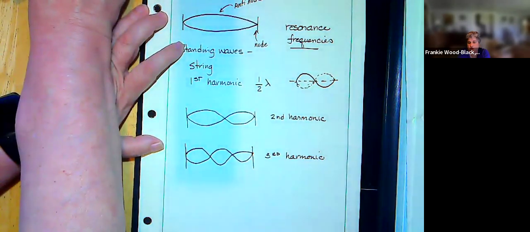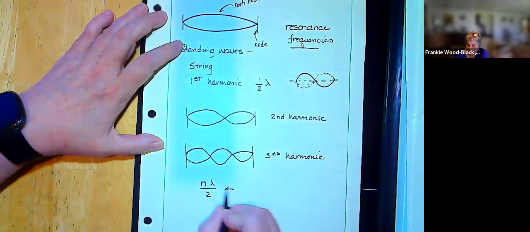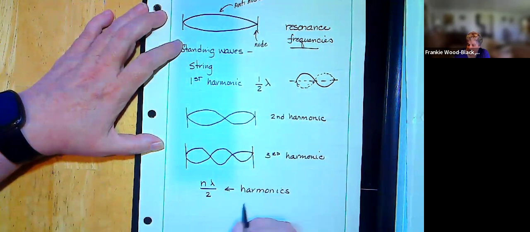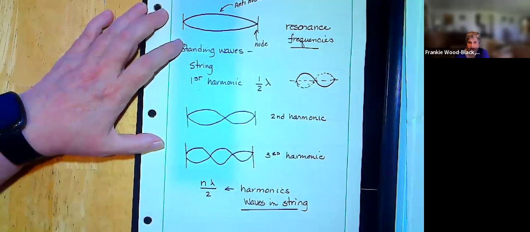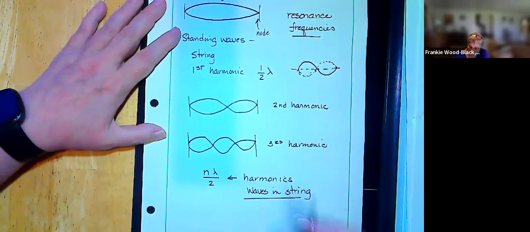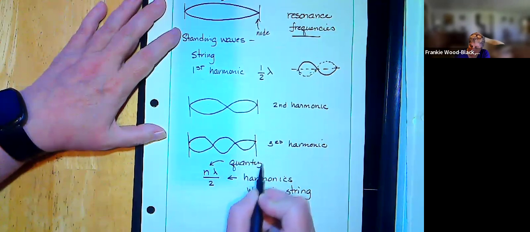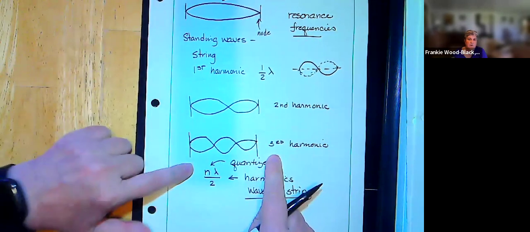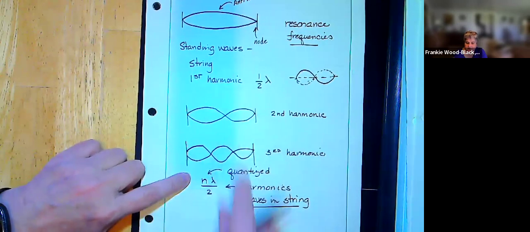And so we can do this as n times the wavelength divided by 2, and this will give us our harmonics for waves in a string. It's something we're familiar with, and we can say these are quantized, because I won't get a standing wave if I'm not dealing with this integer pattern. So we can generate these standing waves.